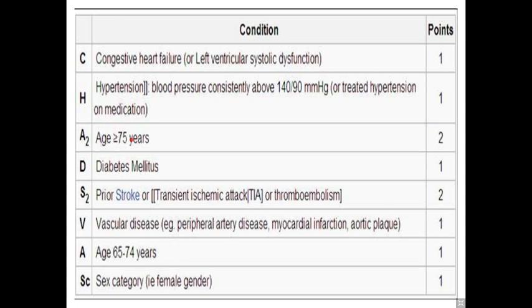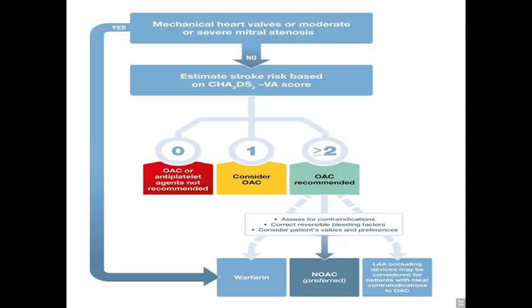But this is very rare in a patient with atrial fibrillation. And at first, when we treat a patient with atrial fibrillation, we need to estimate stroke risk with the CHA2DS2-VASc score.